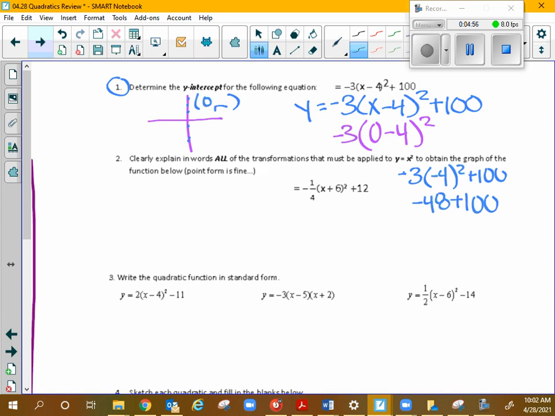So my y-intercept is 0, 52. Just be careful with that because we've had questions like that, and yes, the C value on standard form is your y-intercept, but in vertex form, that value represents part of your vertex, not the y-intercept. All right.